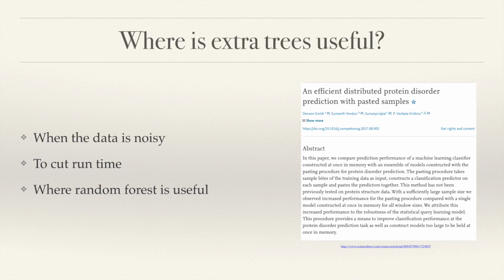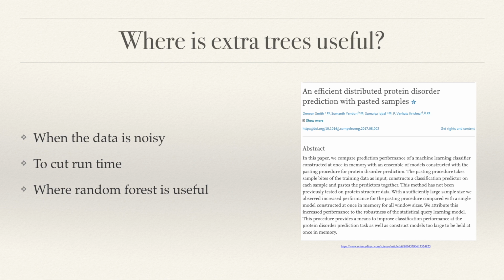So where can extra tree classifier be useful? Because of the lower variance, it's particularly useful in situations where the data has a lot of noise. It's also useful in any situation where efficiency is needed and valued, because of its fast runtime. Overall, where random forest is useful, extra tree classifier is most likely going to be useful as well.